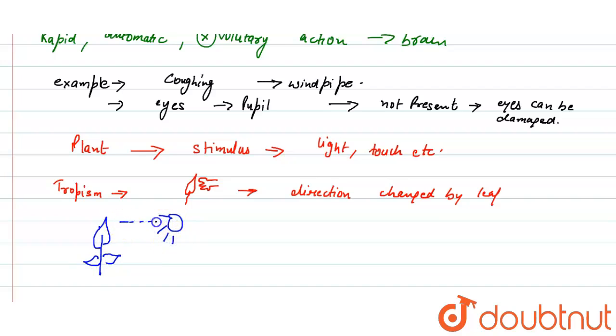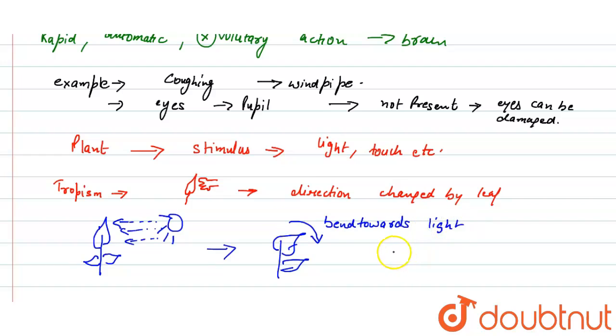Sunlight falls on the plant, and if this leaf bends towards the sunlight, this is called as positive tropism.